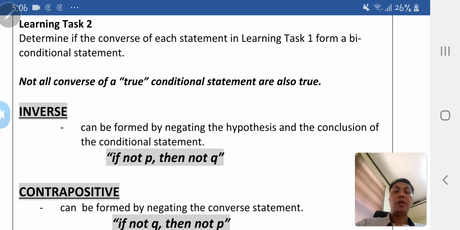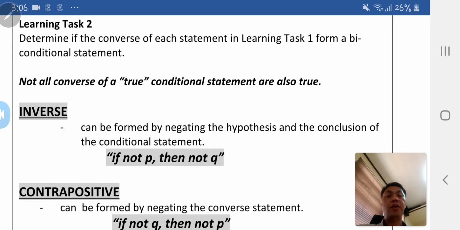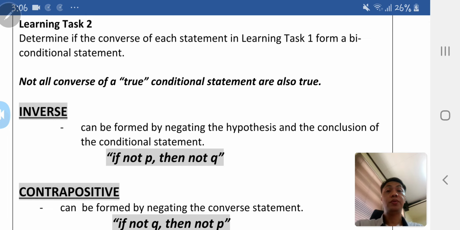What about a contrapositive statement? Just the same as the inverse, if we are going to negate the converse statement, then we are forming the contrapositive of that statement.